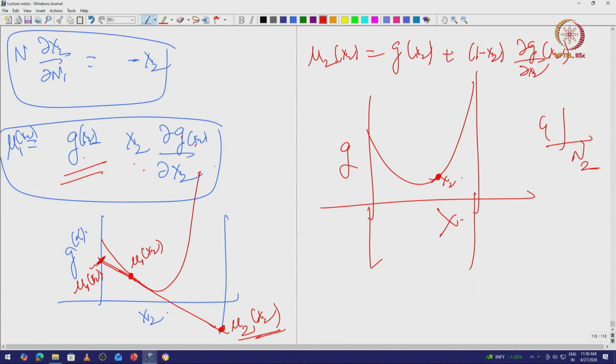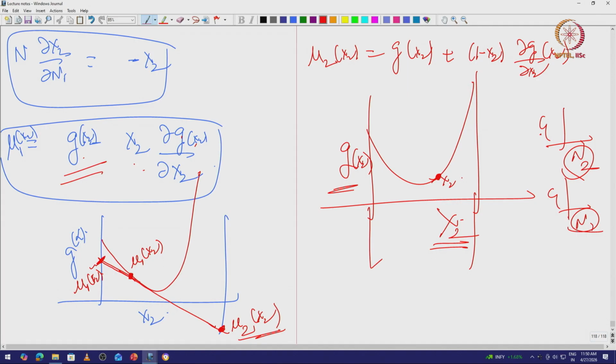So for that I need a capital G versus n2 and capital G versus n1. So I need two different curves because n2 and n1 are independent of each other. But instead I have g versus x2. This is just one variable, x2. So g is just dependent on x2, there is no capital N dependence of small g.